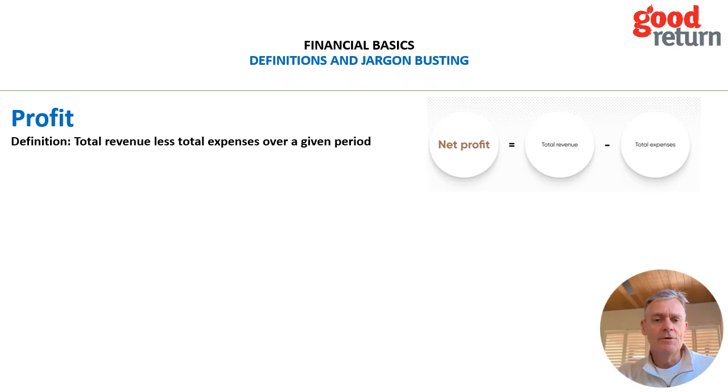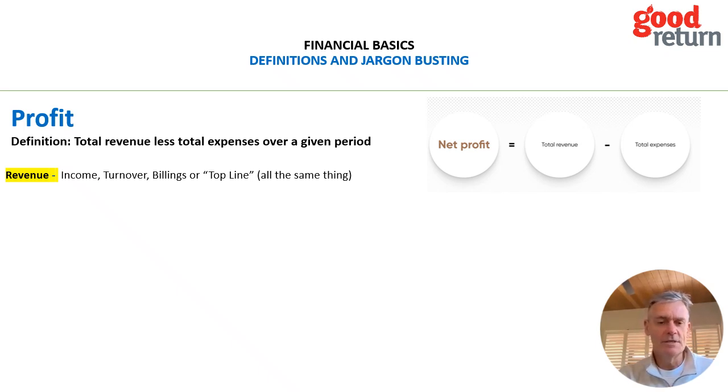So you probably know that revenue less the expenses over a given period, the total revenue less the total expenses, represents the net profit of any organisation. So the revenue sometimes gets called different things, and I've probably already used these terms today. Some people call it income.